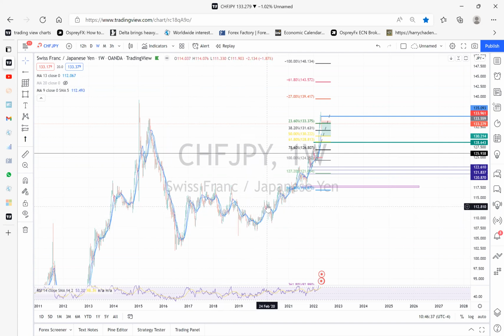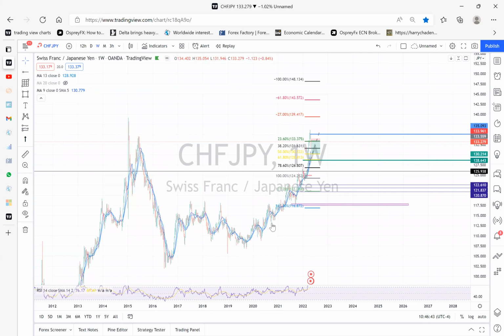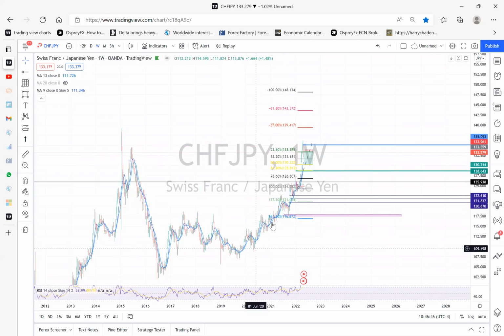Price pushes up, comes back, taps you in. If you got in right here, your risk to reward will be ridiculous. Ridiculous. At this point, all you got to do is hold the trade.